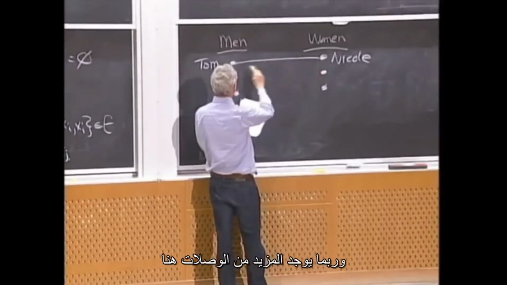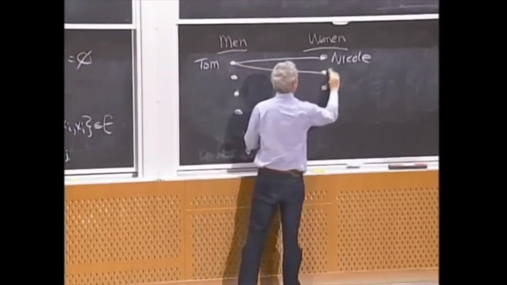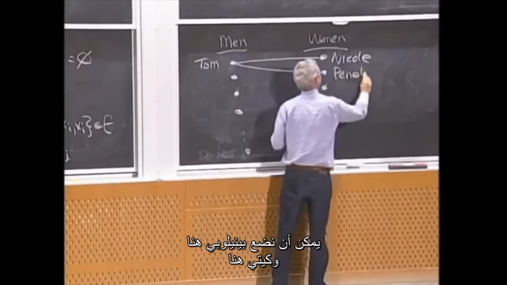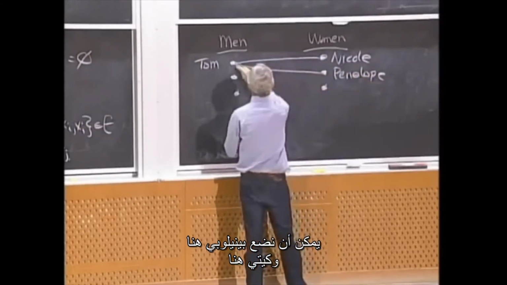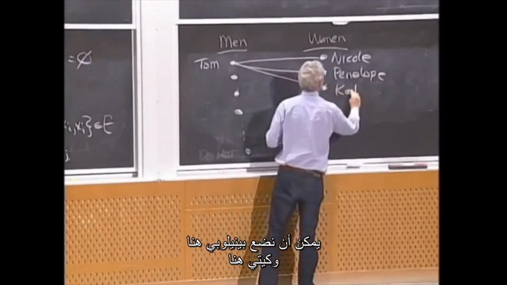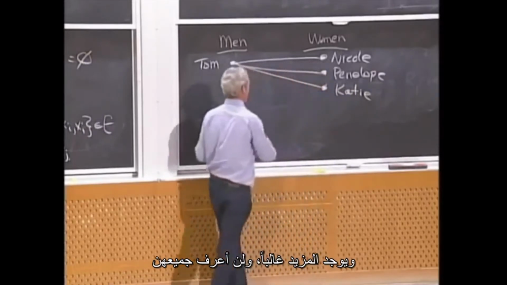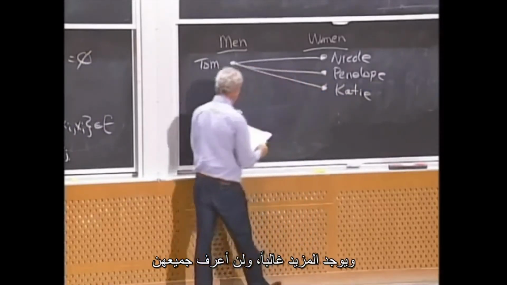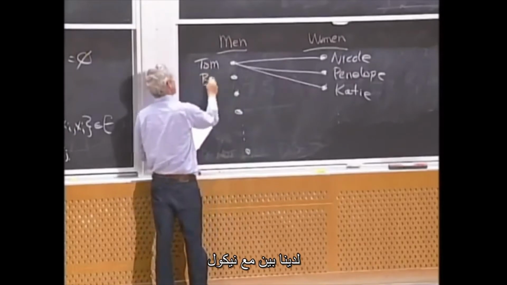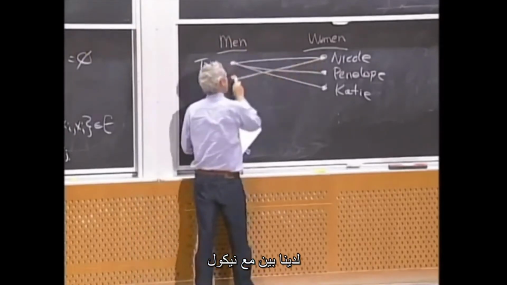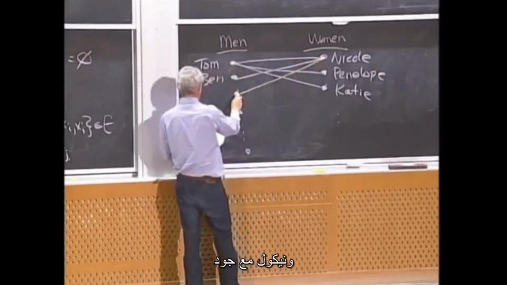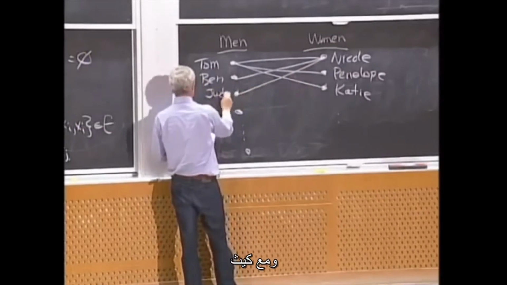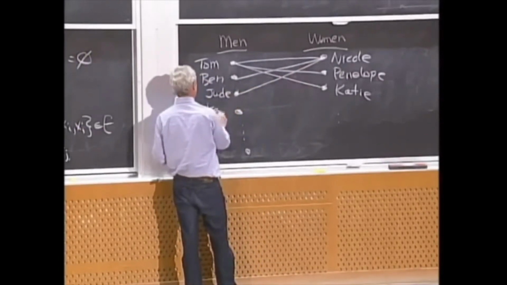And there's actually more edges probably here. You know, we could have Penelope here and Katie here. And, well, probably lots more. I probably don't even know them all. And Ben's over here with Nicole. And Nicole got Jude and Keith.